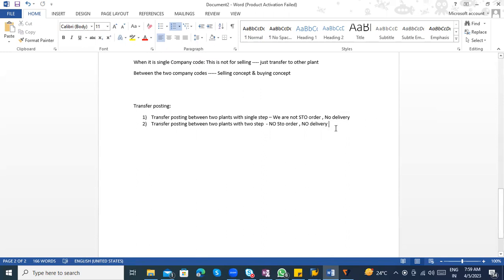In case I need an STO order, but I don't want to go with outbound delivery, then there is a process of stock transfer between two plants with MM route, only with MM route. We will not use any SD route. In that case, we have the STO order, but no OBD, no outbound delivery.